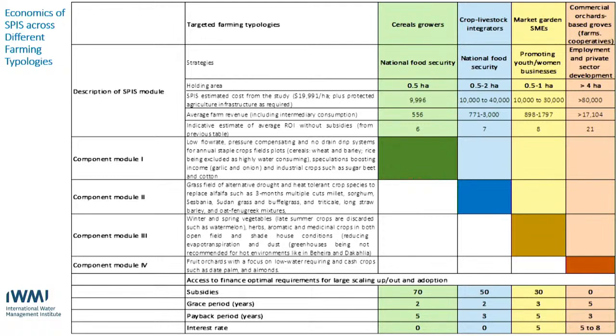If you look at the livestock integrators, you see a return on investment that is higher, and then it requires also subsidies. So unfortunately, it's the water-intensive systems that are the most profitable, with no subsidies for the orchard-based systems, and all of this is because of the annual return that is high for those crops.